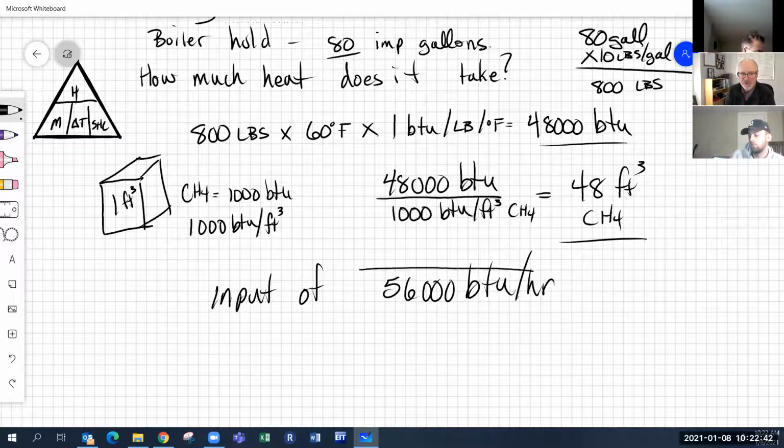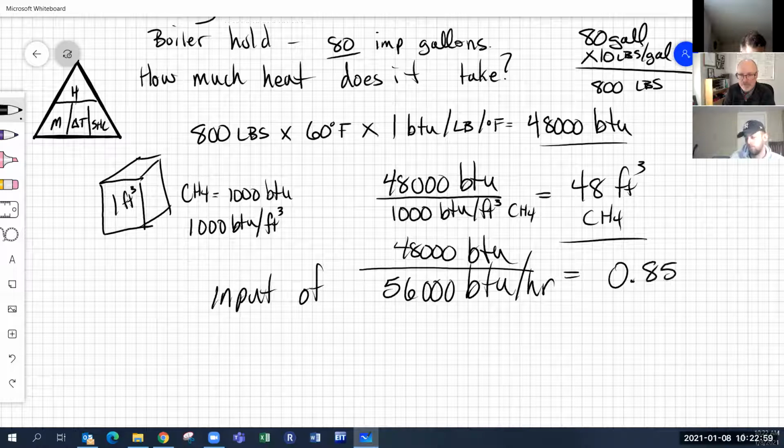Then I would divide by the 48 thousand BTUs it takes. So 48,000 divided by 56,000 is equal to 0.857 hours. So just under an hour for that boiler to get that water up to that temperature.